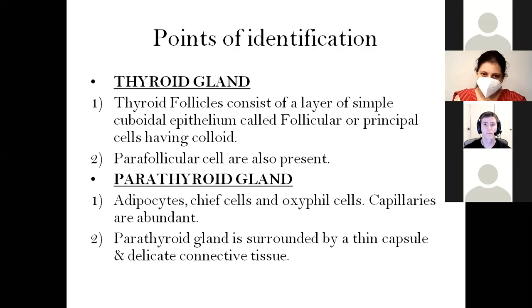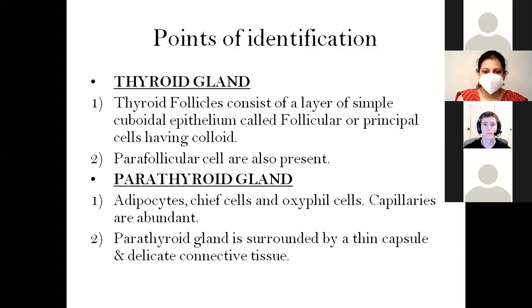If we talk about the parathyroid gland, you can mention that it is also surrounded by a thin connective capsule. But the main points will be that adipocytes, chief cells, and oxyphil cells are present throughout the gland, whose nuclei are visible, and capillaries are abundant in the parathyroid gland.